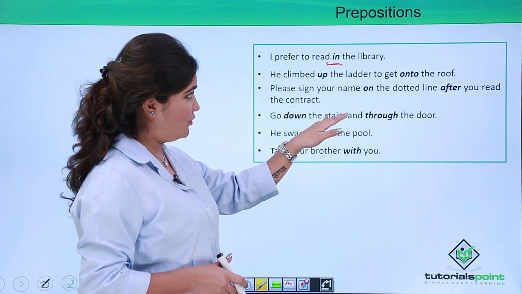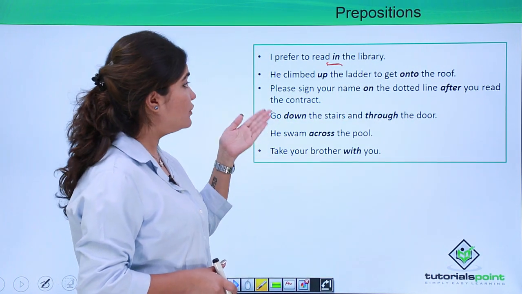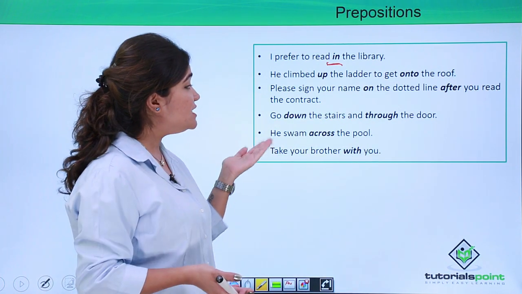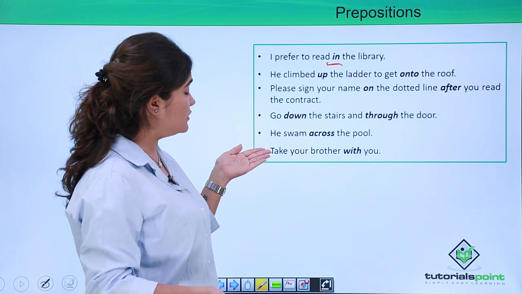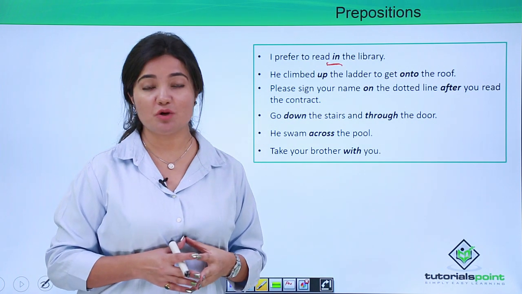Please sign your name on the dotted line after you read the contract. Or go down the stairs and through the door. Or he swam across the pool. Or take your brother with you. So what are all these words doing?